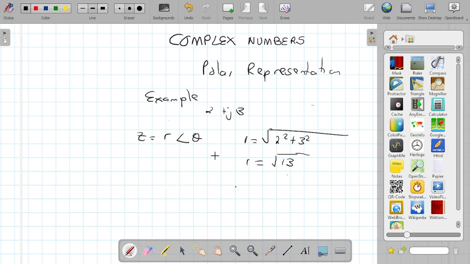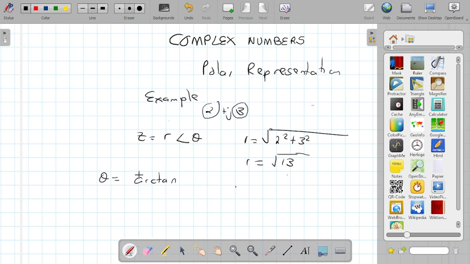Now, how do you find theta? Well, we know that 2 and 3 are positive. Therefore, in the complex plane, this has to be in the first quadrant. So we must talk about the angle. Theta is going to be equal to arctan, or tan inverse, if you wish.